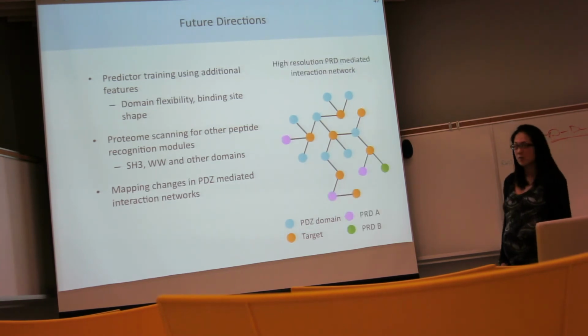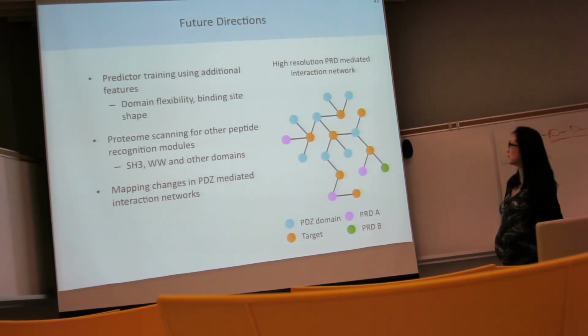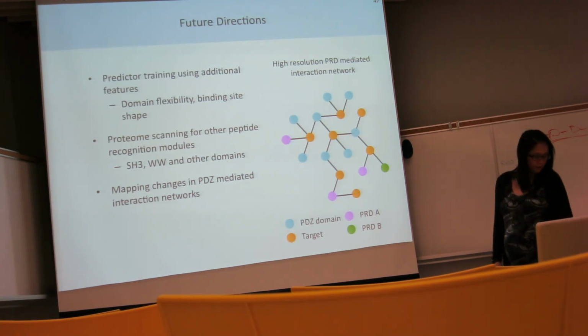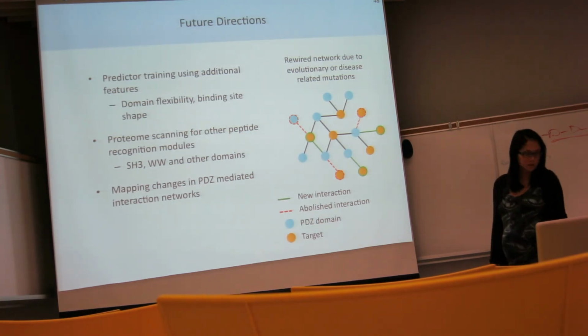This would result in the construction of a high-resolution, comprehensive peptide recognition domain-mediated interaction network. And then finally, we could use the network to also map changes from evolutionary or disease-related mutations, and this would result in identifying interactions that are abolished or new interactions that are added due to these mutations.